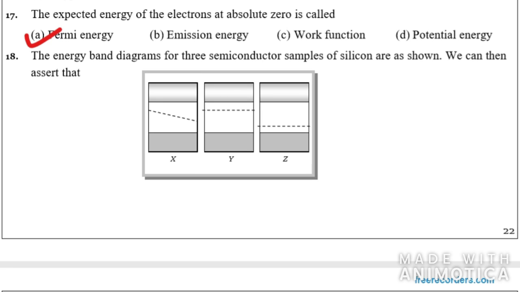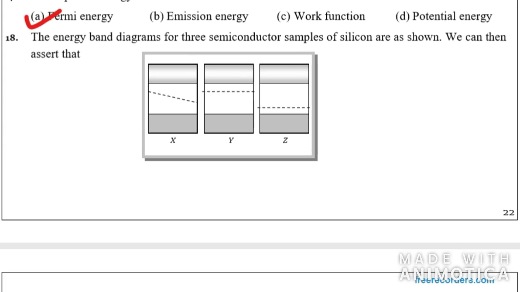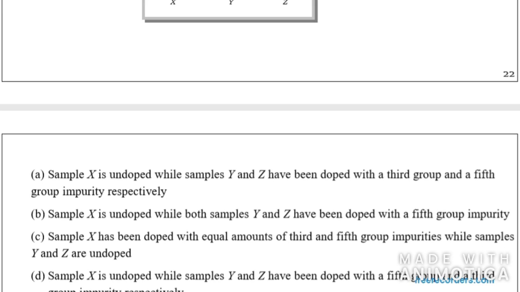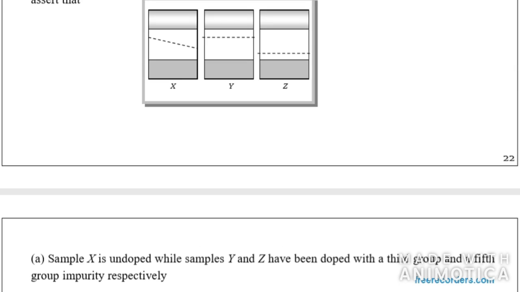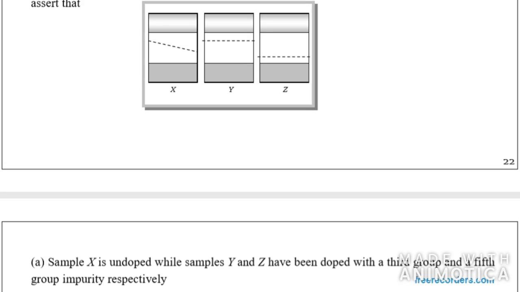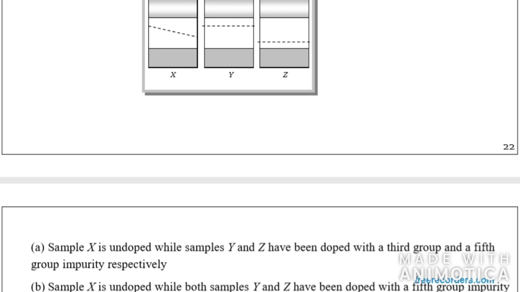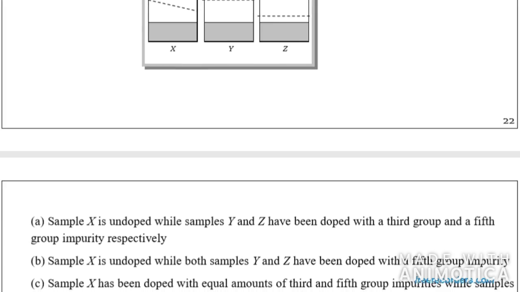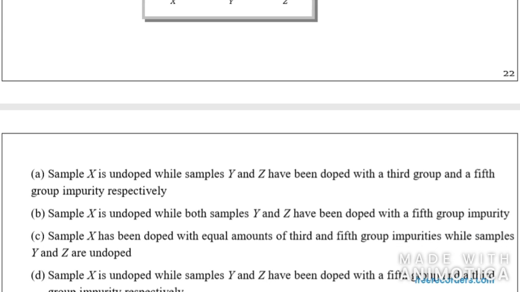We can then assert that sample X is undoped, while samples Y and Z have been doped with the third group and a fifth group impurity respectively, and sample X is undoped with both samples Y and Z having been doped with fifth group impurity.